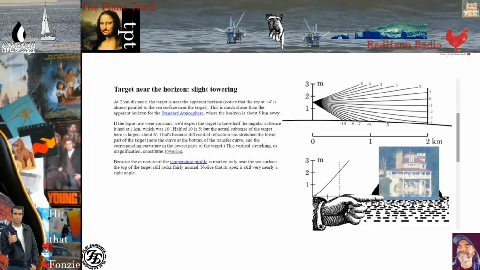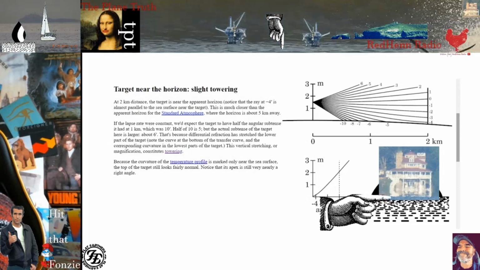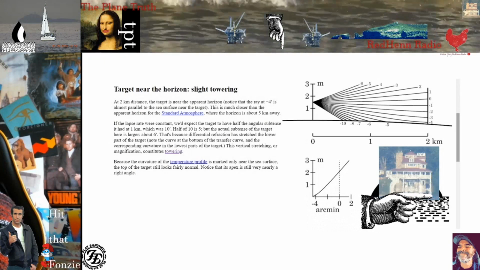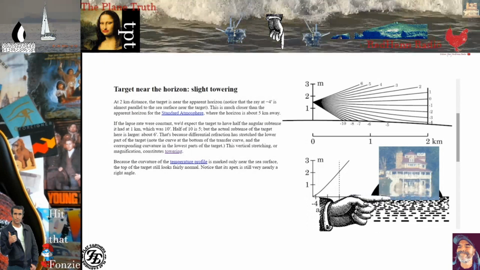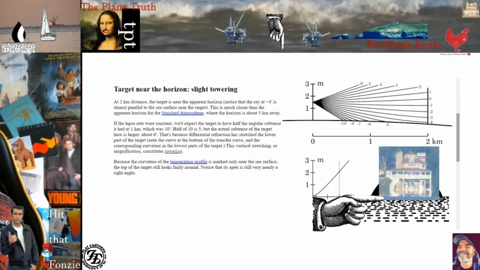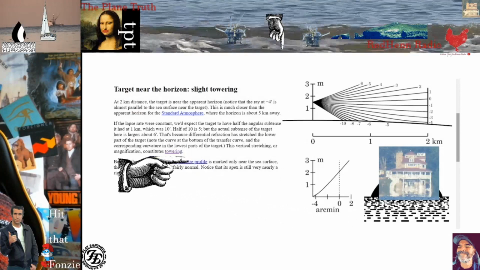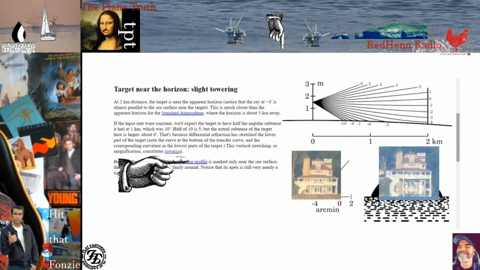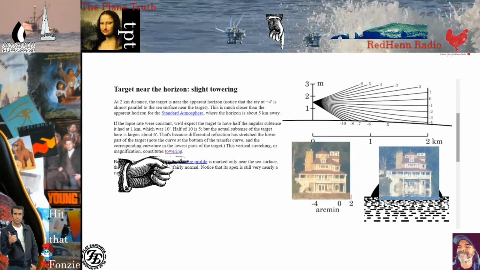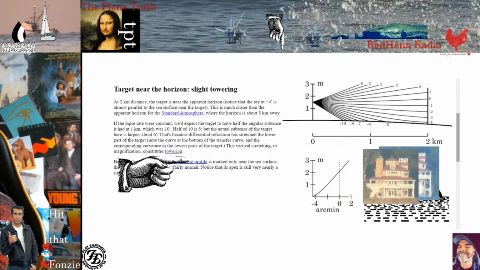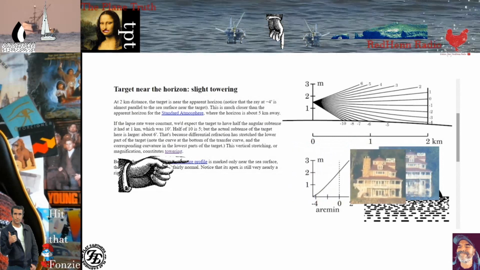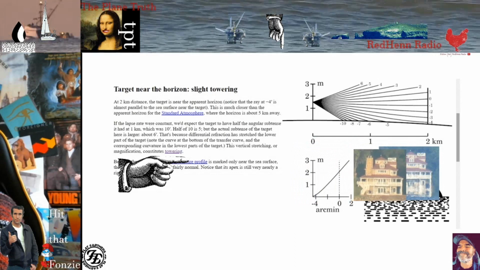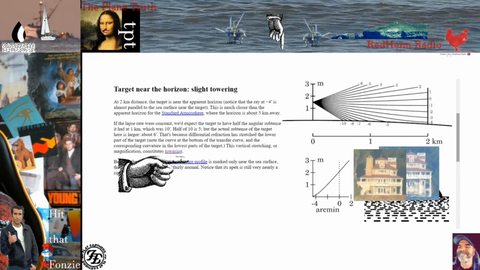But this water is created by the inferior mirage, which means that the ground that you see right there is right there. Everything's still there.